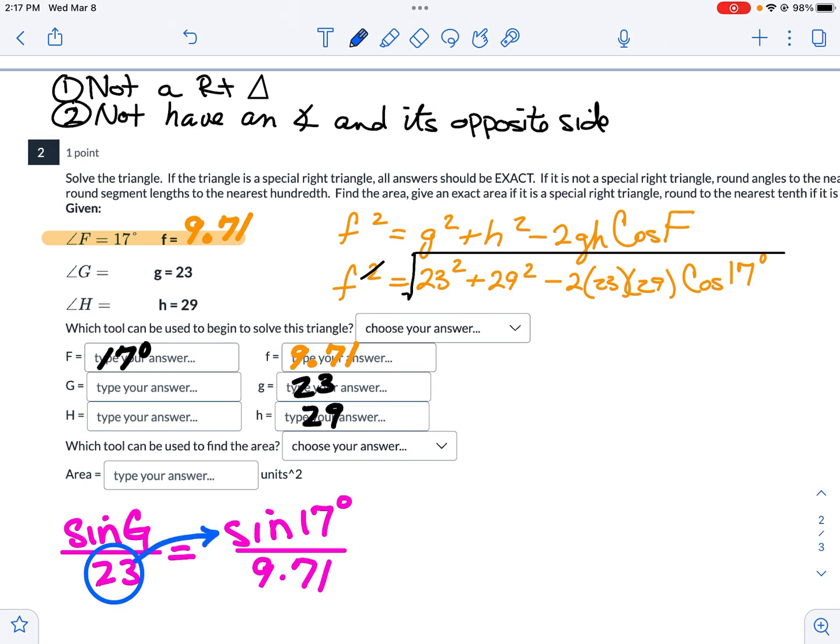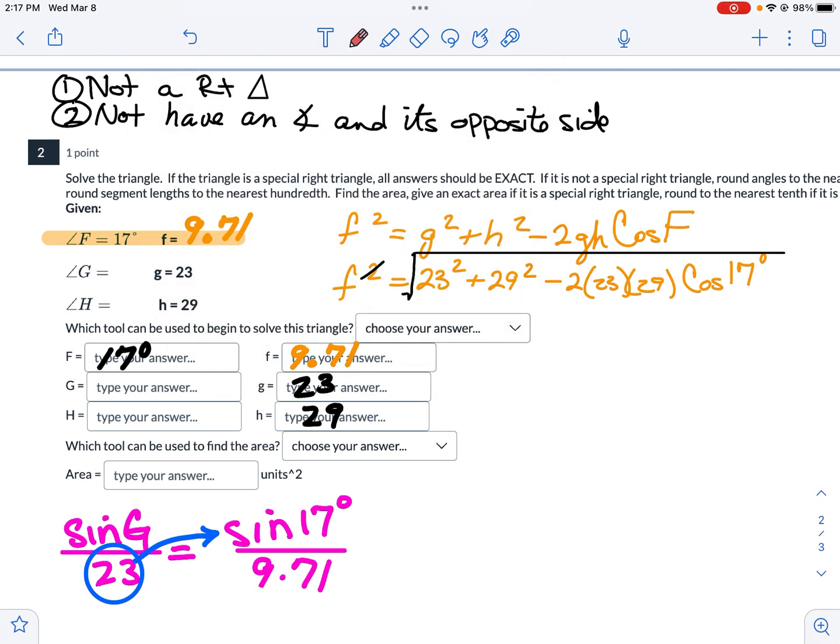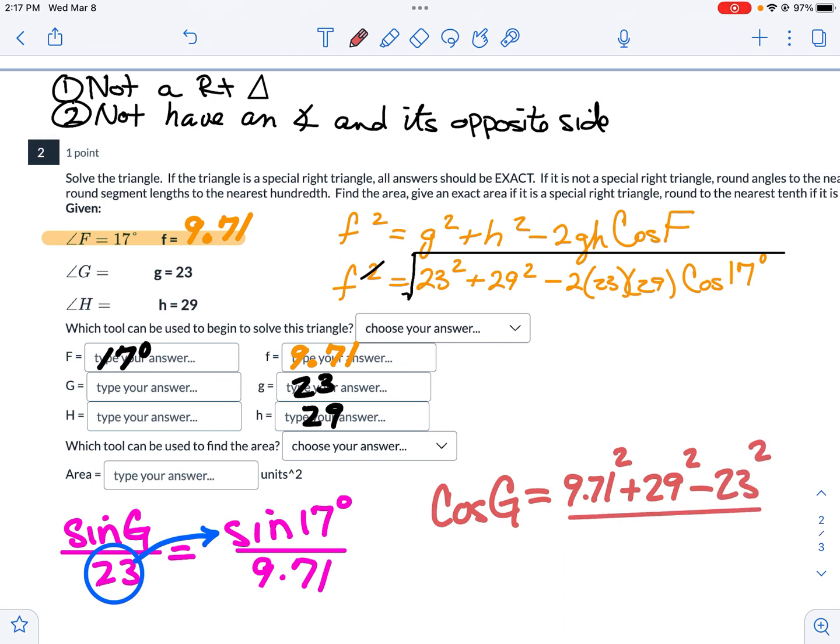If I don't want to do that, I could say cosine of G is equal to 9.71 quantity squared plus 29 squared minus 23 squared divided by 2 times 9.71 times 29.